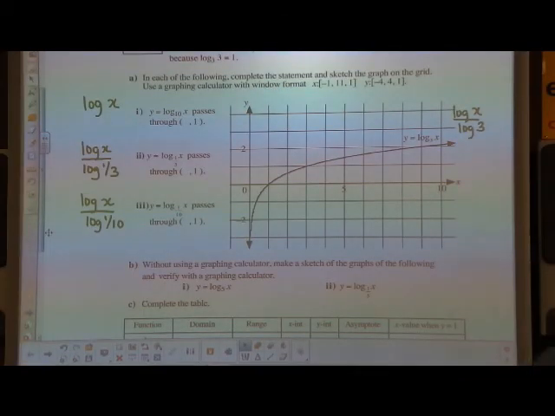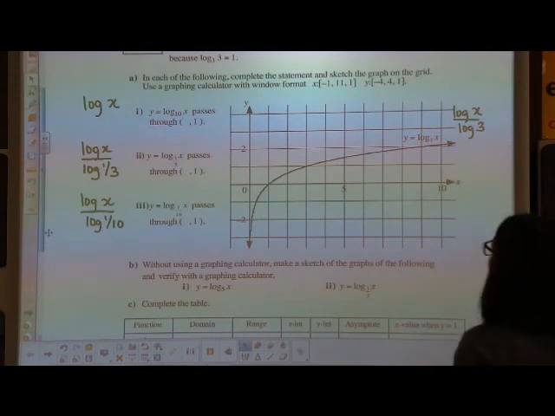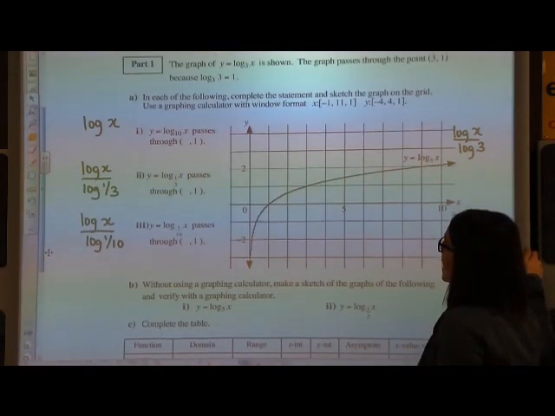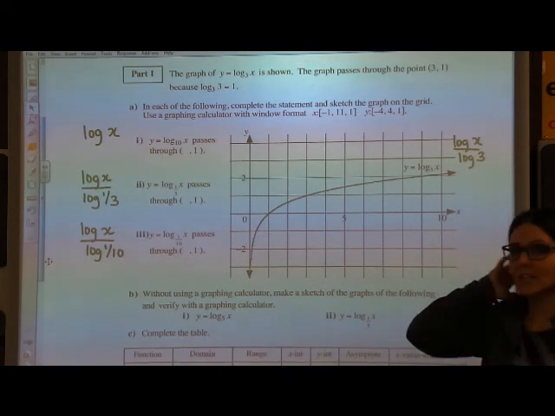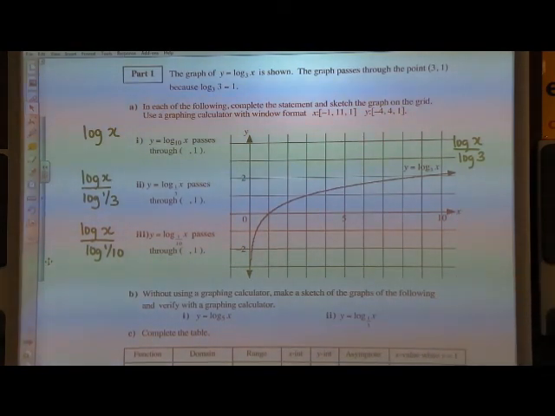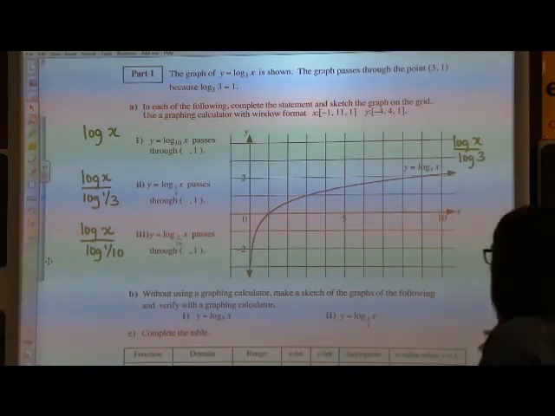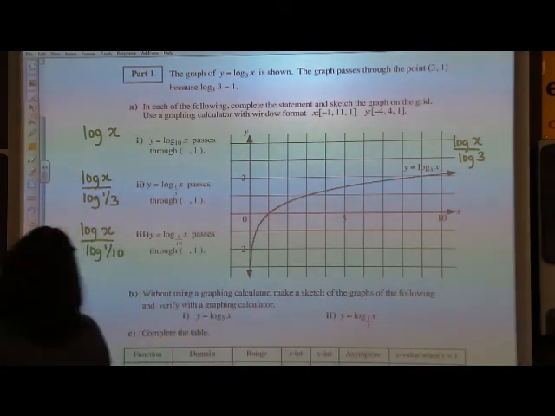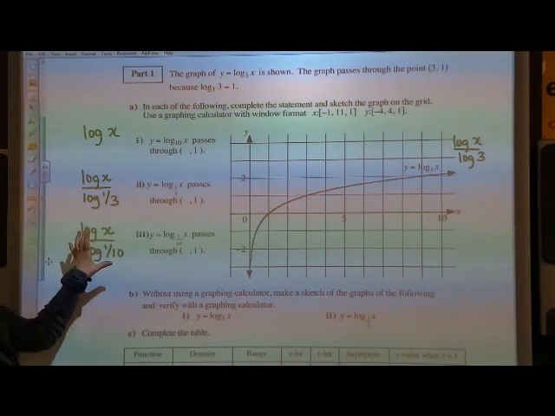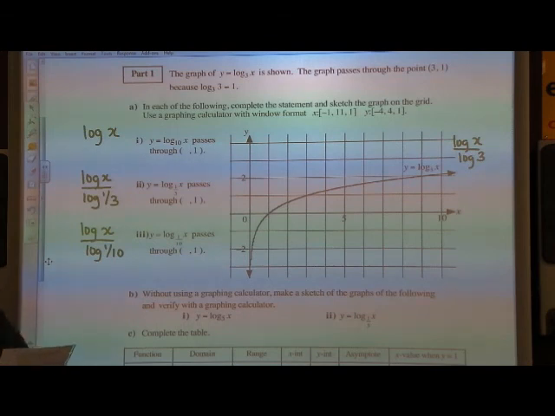Looking back on lesson 8, what I had asked you to do the other day was to graph these 3 log equations onto the same grid so that we could see what the effect of the base is, what does the base do to the logarithm.